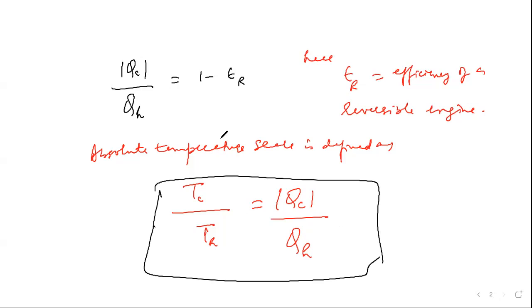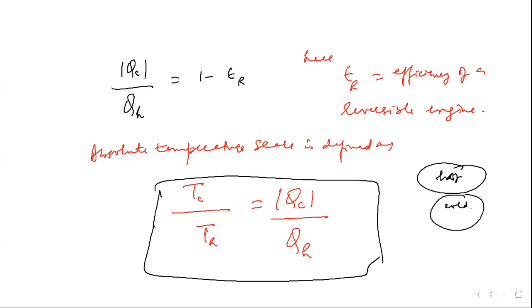What is the meaning of that? Meaning of that is, if we have two bodies, hot and cold, they will become our hot reservoir and cold reservoir. This hot, this cold.